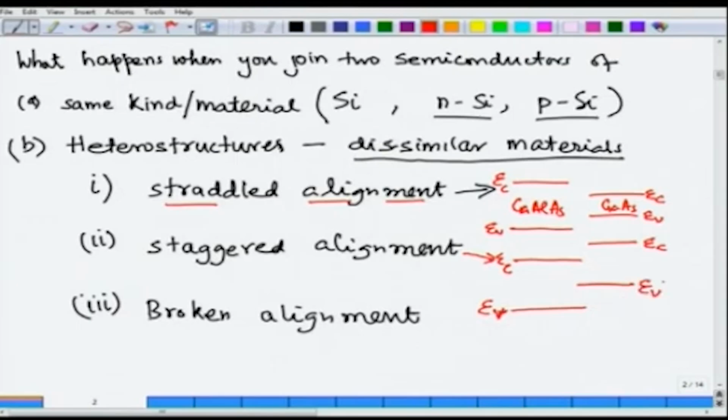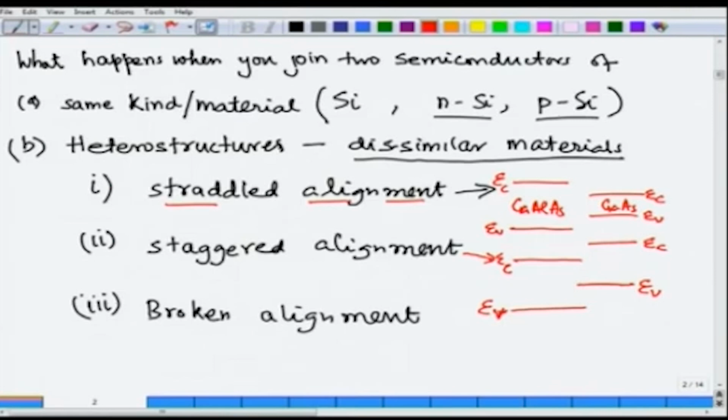This is the band gap of one material, this is the band gap of the second material, but the EC and EV alignment is such that the two materials are staggered in their energies.